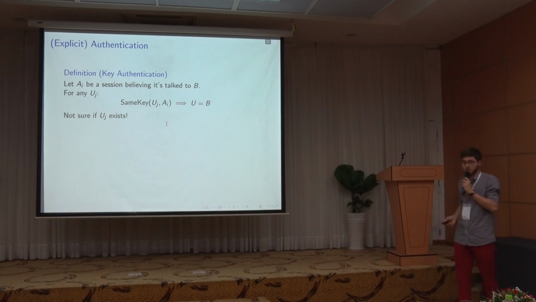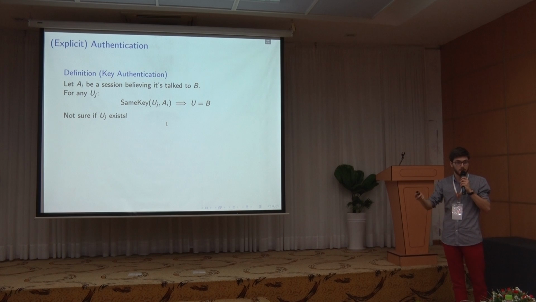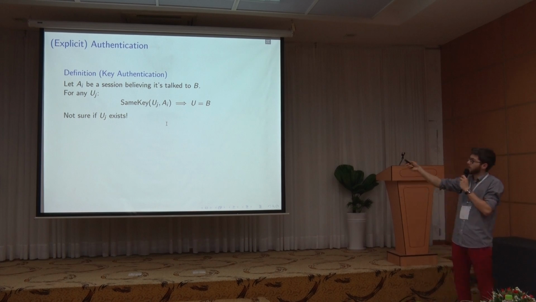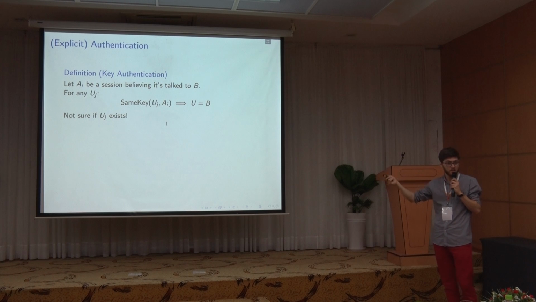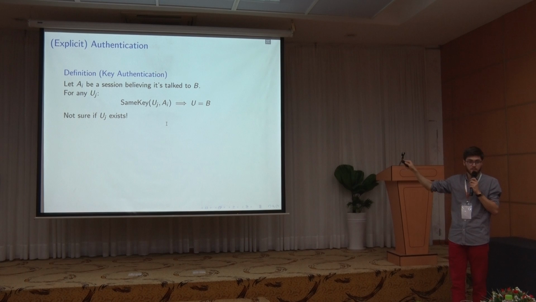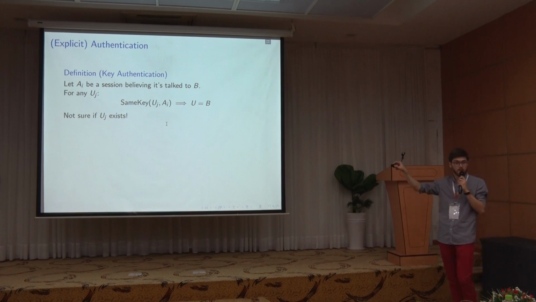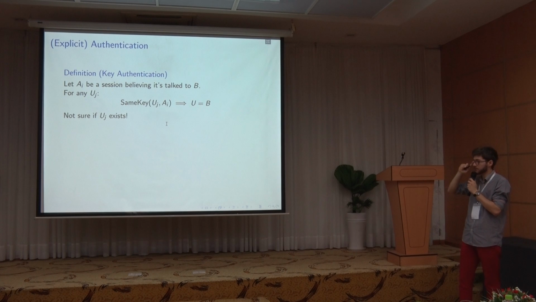As for authentication guarantees, here we're talking about identity authentication. You want to be assured that you're really talking to the person you think you're talking to. And so for any session A_i that's believing he's talking to identity B, we require that anybody who shares the same key as A_i has to be B. So the adversary can't make someone who is not B accept with the key that A_i has derived.